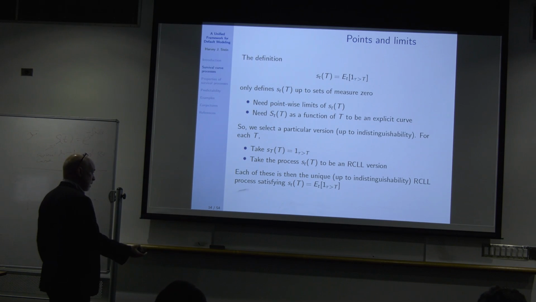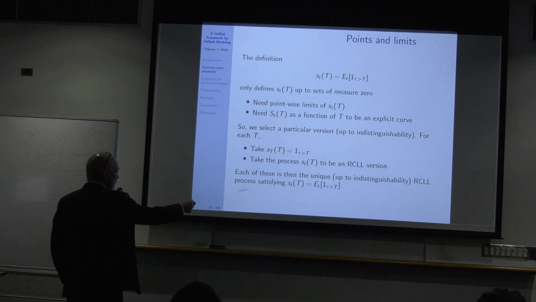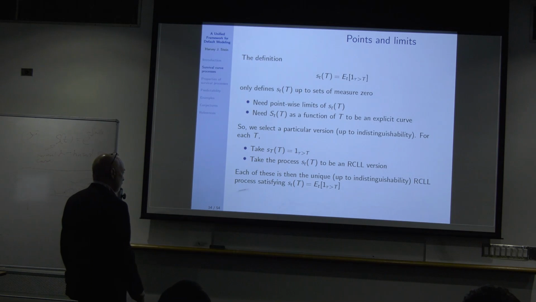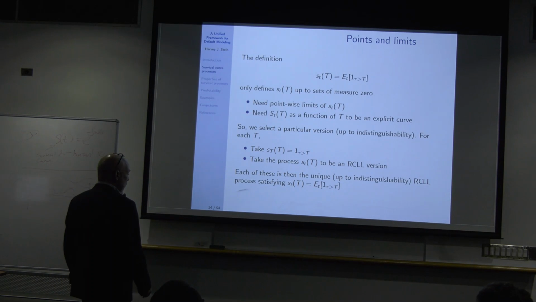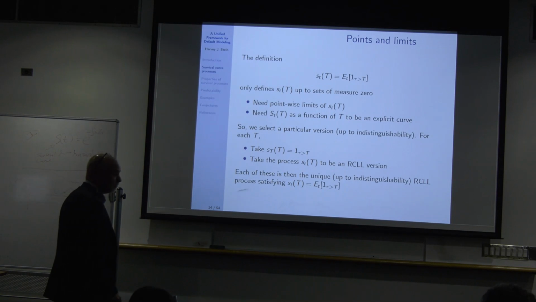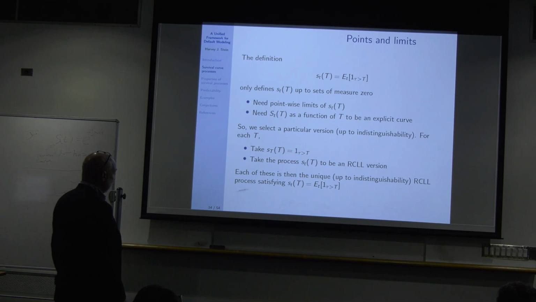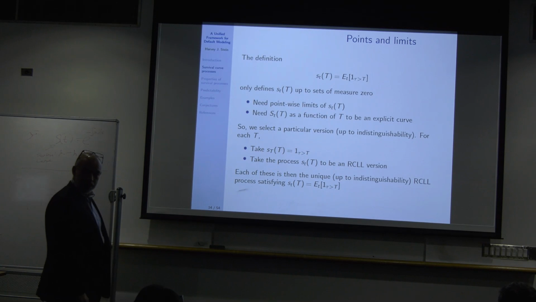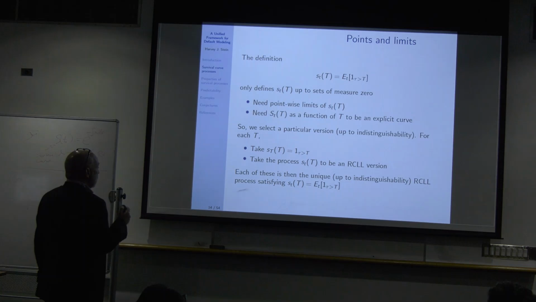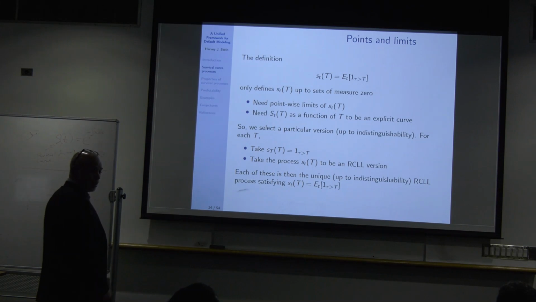That always exists. It's unique up to, like I said, indistinguishability, up to one measure zero set essentially for each time cap t. So that's about as far as we can pin it down for now. For some of the results, we need to pin it down further. We'll discuss the complications that show up. So we're taking the RCLL version for each time cap t of this process.